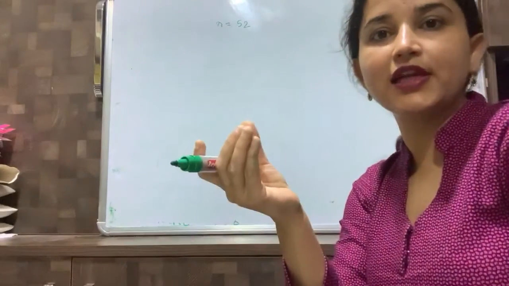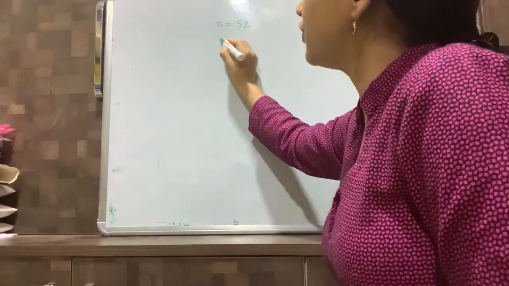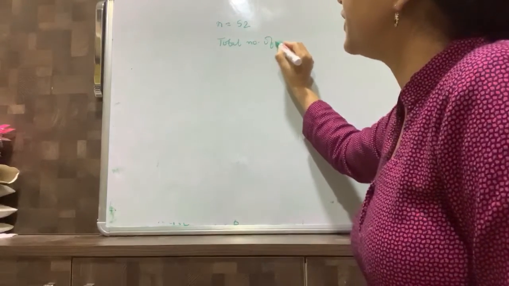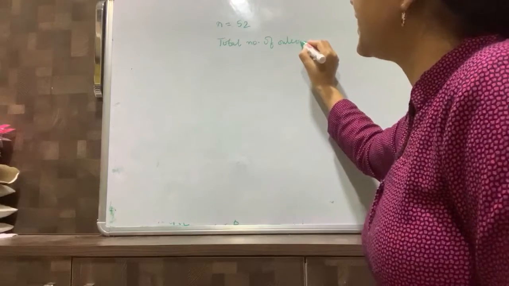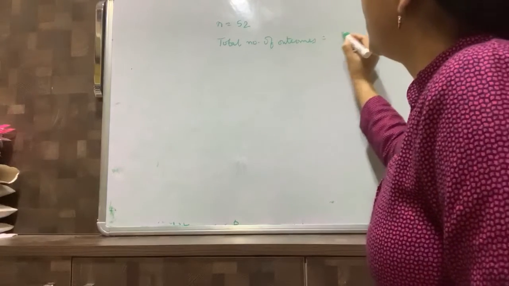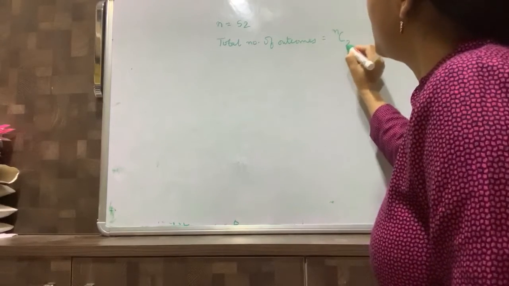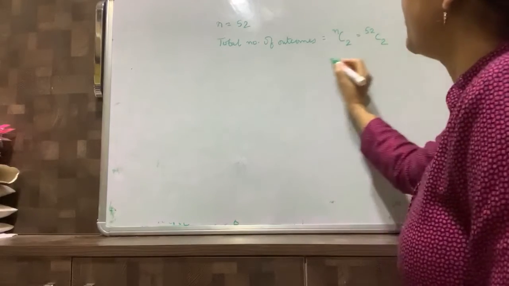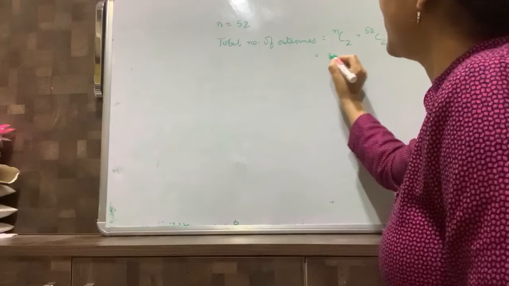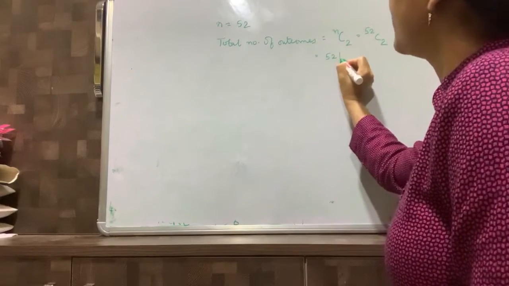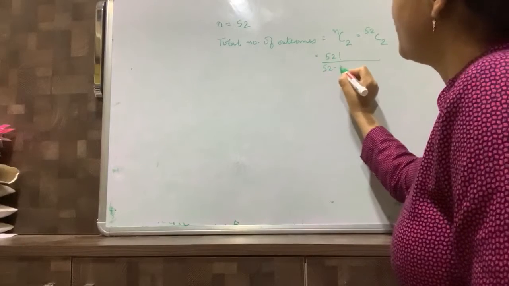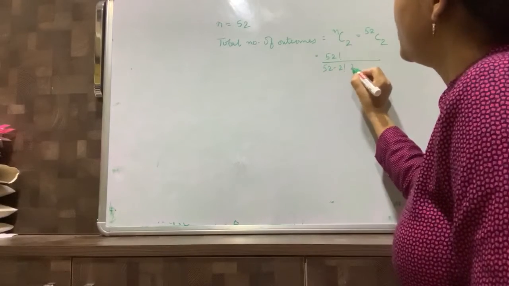तो 2 cards अगर आपको draw करने हैं तो first we want to know the total number of outcomes. Total number of outcomes is equal to NC2. This is equal to 52C2. So 52C2 करेंगे आप तो क्या आएगा? 52 factorial divided by 52 minus 2 factorial into 2 factorial.